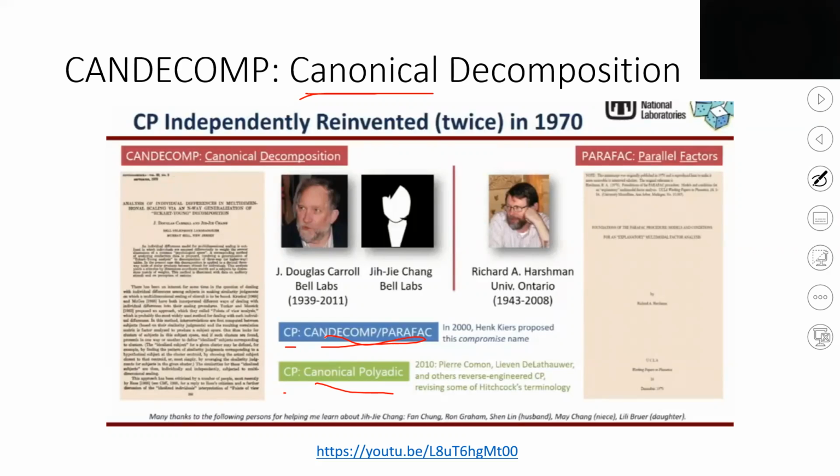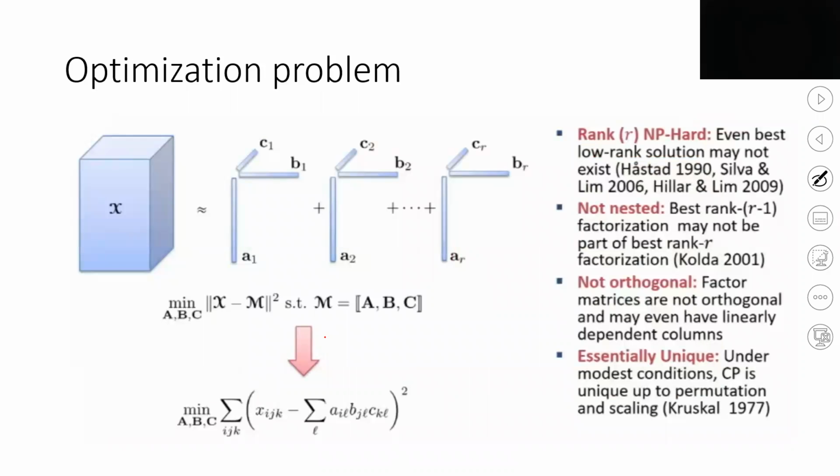So when we say CP decomposition, what we mean is we decompose them into this structure very similar to SVD, to minimize the difference between this high dimensional value and the product of these, depending on how many components you have. So the goal is to minimize the difference.